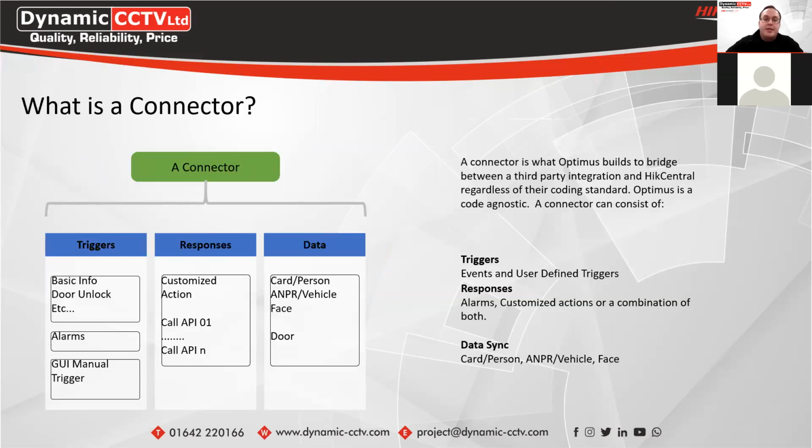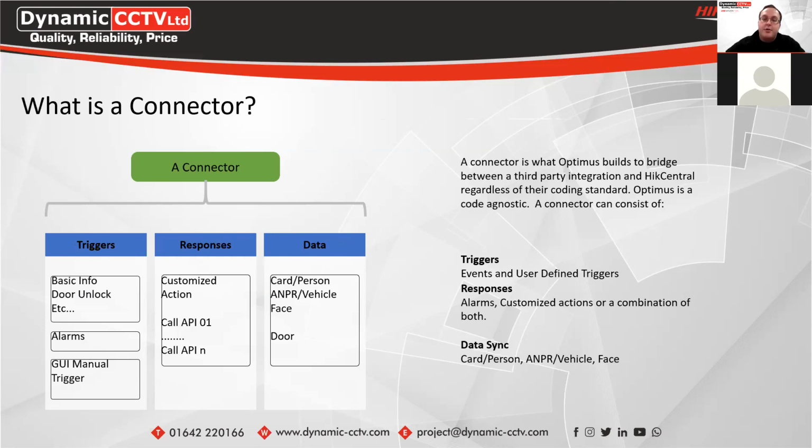So what is a connector? This is what is used between Optimus and either the third-party system or CEE in order to bridge between the systems themselves. You can see there we've got the triggers, the responses, and the data the connector holds. The triggers could be basic door info, door unlock, an alarm triggering, even a manual alarm trigger.